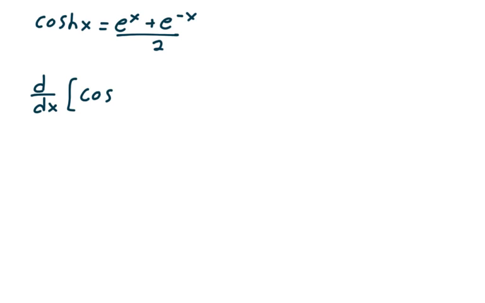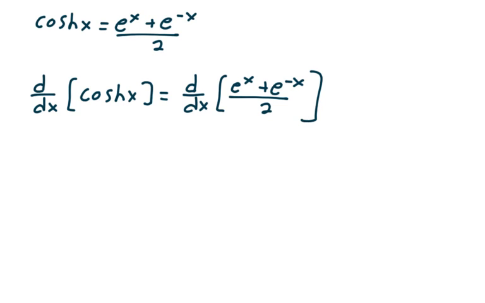So the derivative of cosh x with respect to x is the same as the derivative of e to the x plus e to the negative x divided by 2 with respect to x. And so I'm going to pull the 1/2 out in front and get 1/2 the derivative of e to the x plus e to the negative x with respect to x.